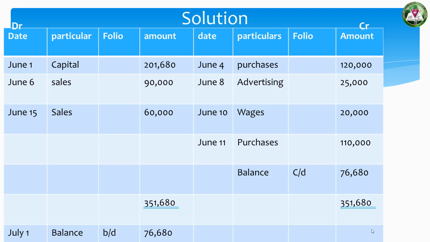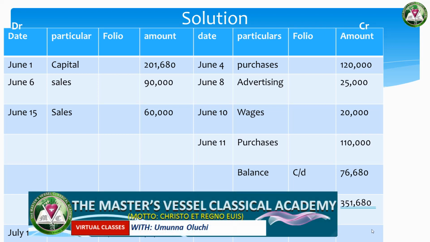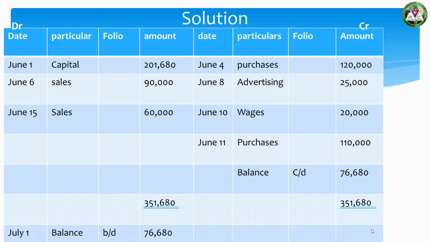The first one is 120,000 plus 25,000. That is 145,000 naira plus 20,000 again, plus 25,000 naira plus 110,000 naira. That should give us 275,000 naira. Am I right? Calculate it very well.